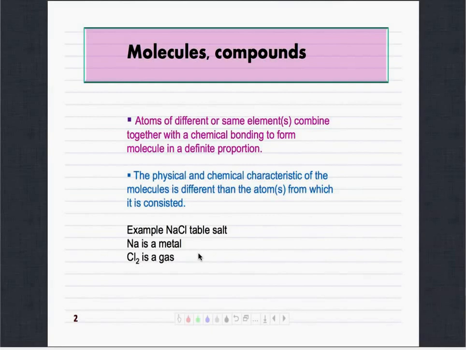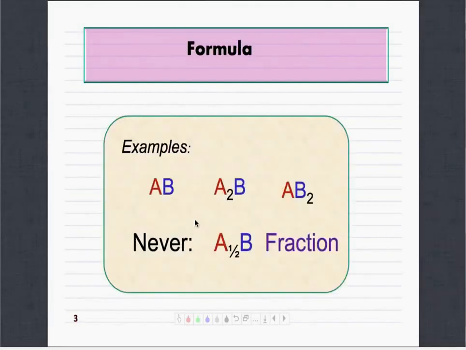So the chemical and physical properties of the elements and the compound are totally different from each other. Now, the formula. Usually whenever we're talking about chemicals, we're going to represent them as formulas. Let's say we have atom A and atom B. It's always going to be AB or A2B or A3B2, whatever it is, but it will never be a fraction.